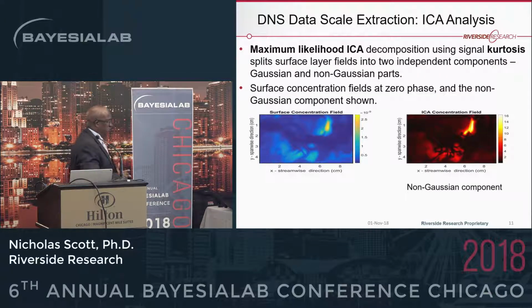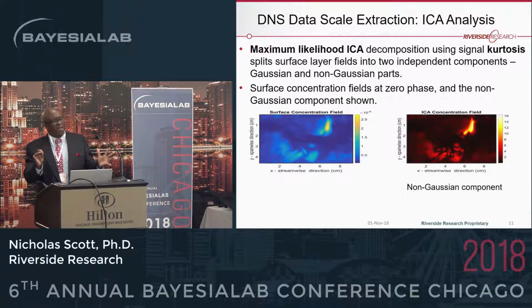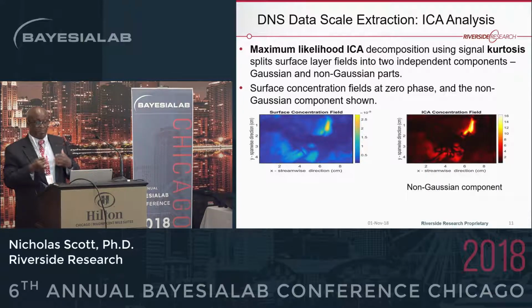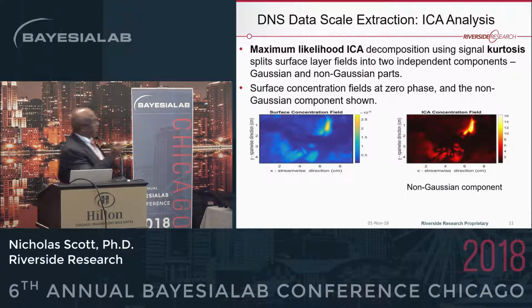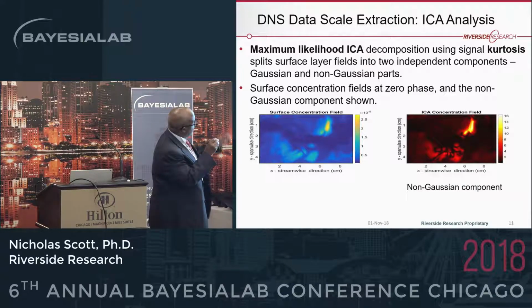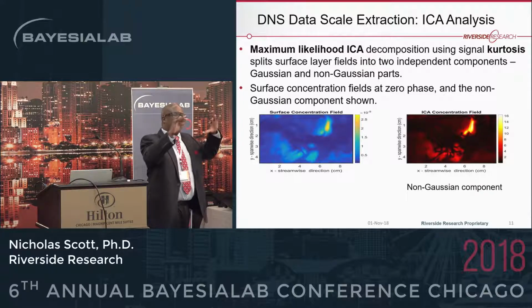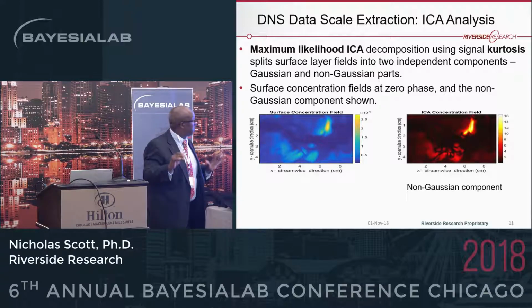Another analysis that we use is ICA. It's a way of separating your data into Gaussian and non-Gaussian parts, independent components, as I'm sure some of you know about this analysis. Again, taking the skin layer of your water and feeding it to the ICA algorithm, and then pulling out the part which is non-Gaussian, distinctive or independent of the Gaussian fluctuations.